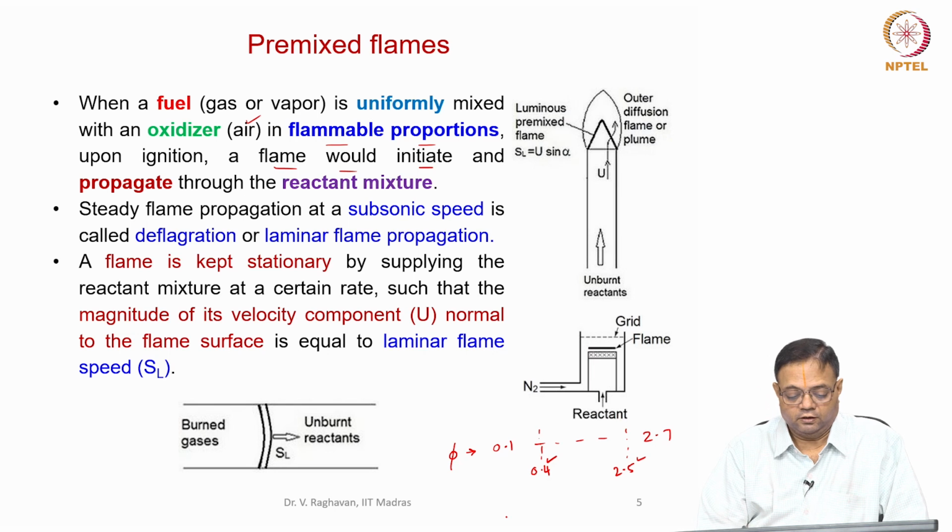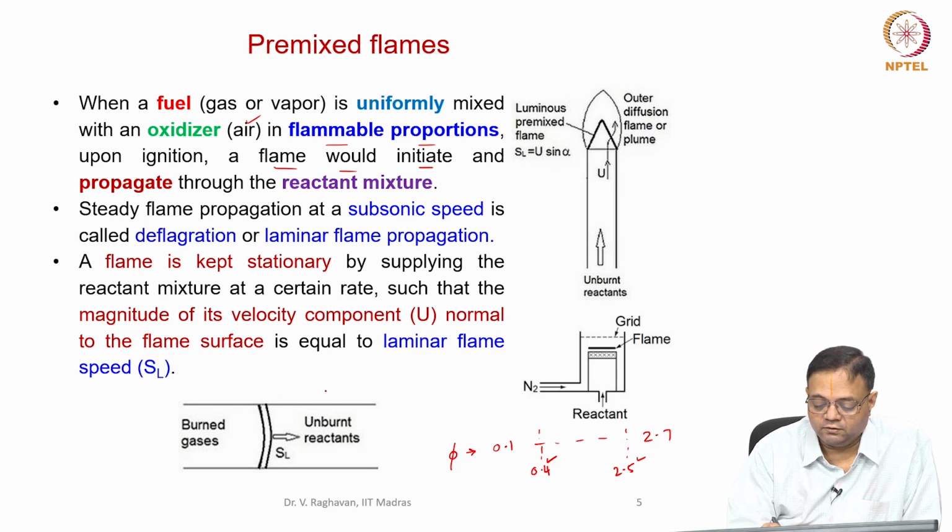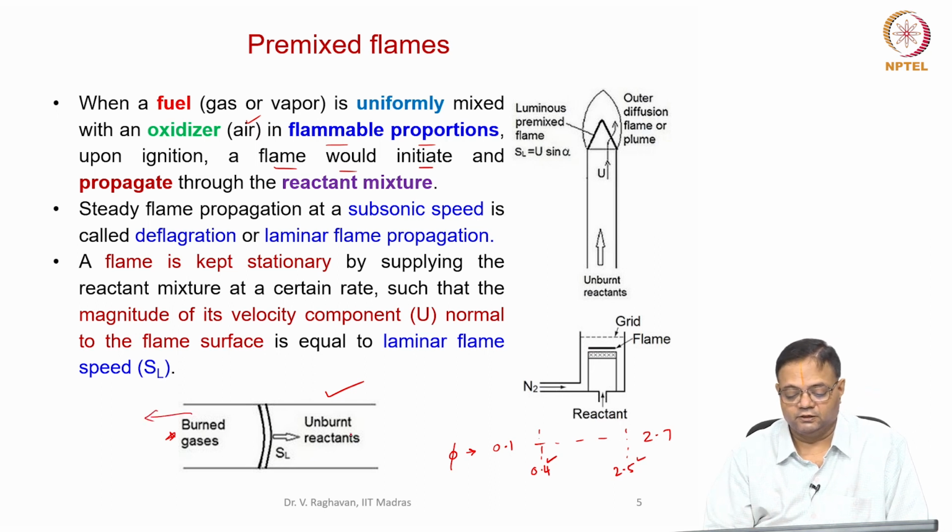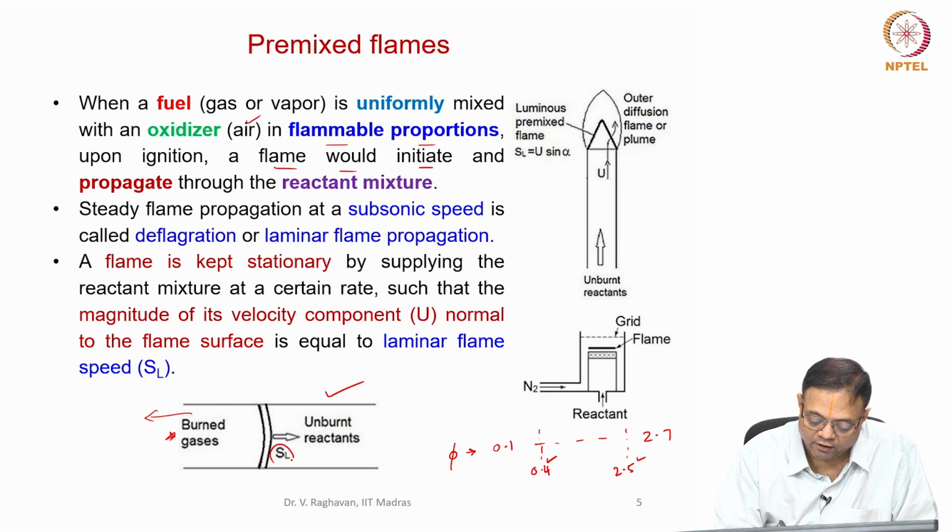And as I told you, this is a chamber in the below figure where there is a flame, the unburnt reactant was fully there, then ignition occurs at the left side and a flame forms and propagates to the unburnt reactants. So, the burnt gas move like this and the flame propagates like this with a velocity called SL.